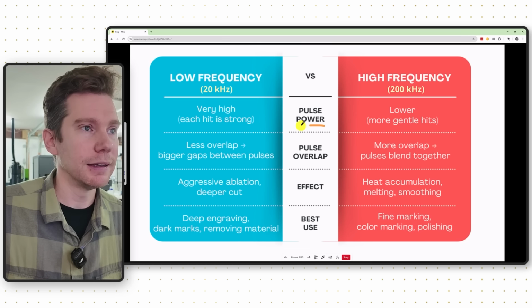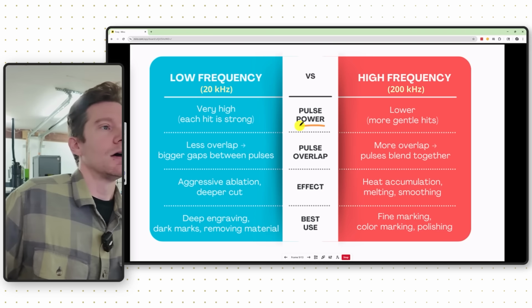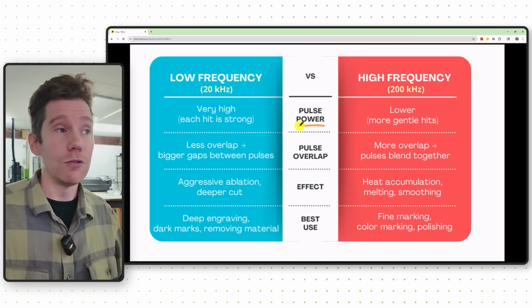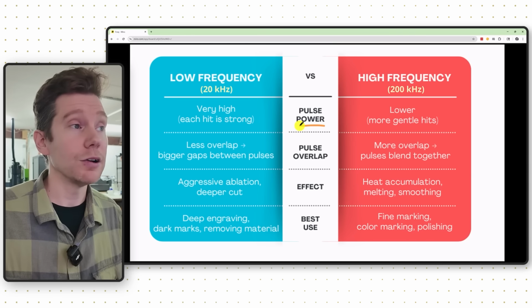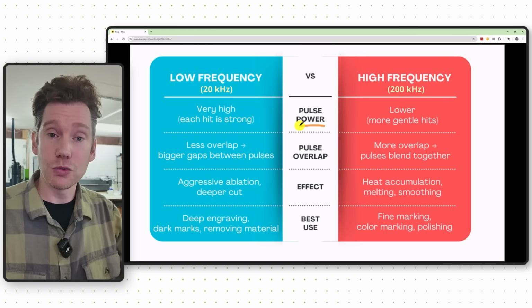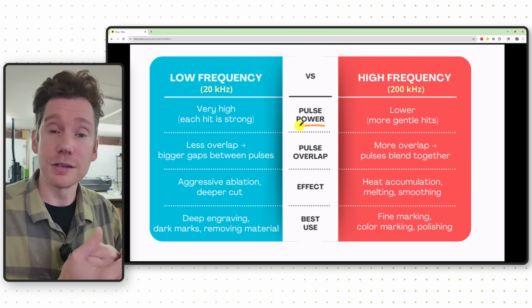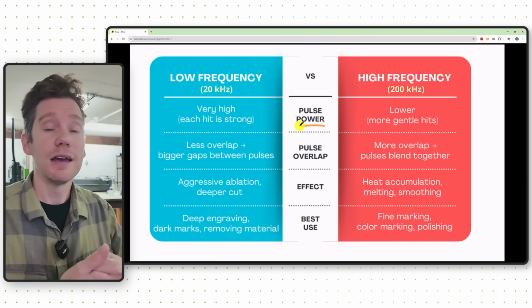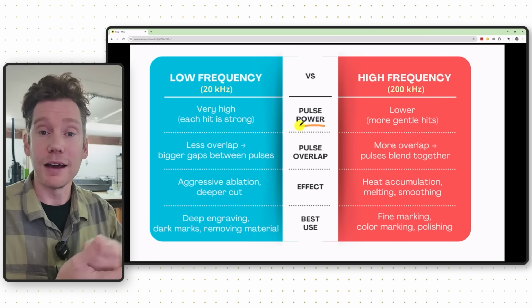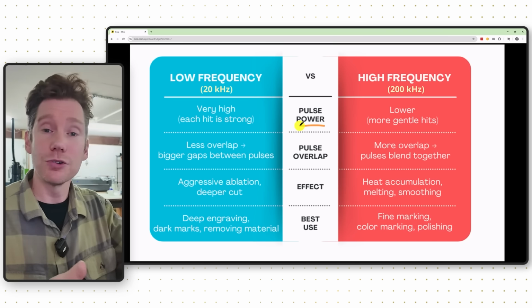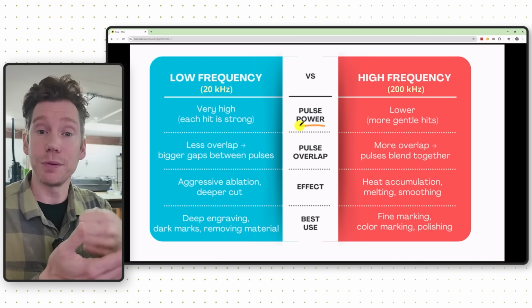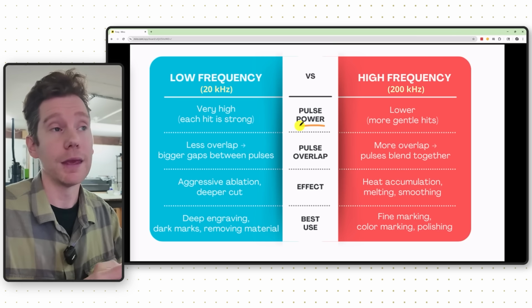Starting with our pulse power. When we are operating at a low frequency, so for example, 20 kilohertz, each individual pulse, each of those 20,000 pulses that comes out of your laser, is going to pack a lot of power. So each of those hits onto your material is going to be pretty strong overall.